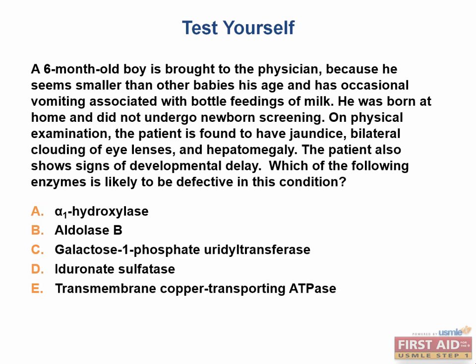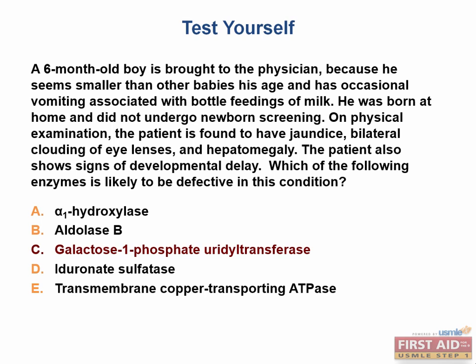The patient also shows signs of developmental delay. Which of the following enzymes is likely to be defective in this condition? Is it A, alpha-1 hydroxylase, B, aldolase B, C, galactose 1-phosphate uridyl transferase, D, iduronate sulfatase, or E, transmembrane copper transporting ATPase?